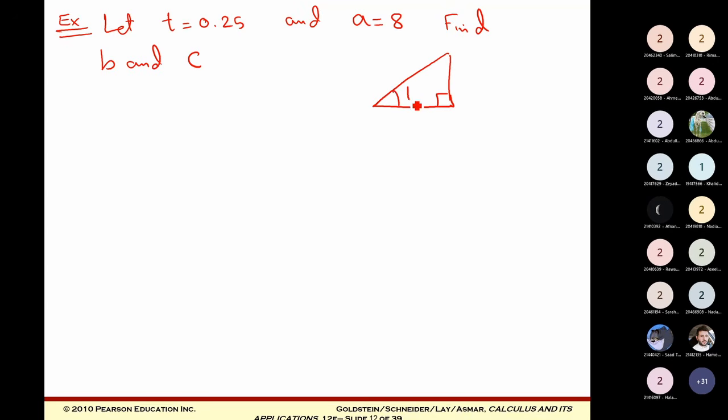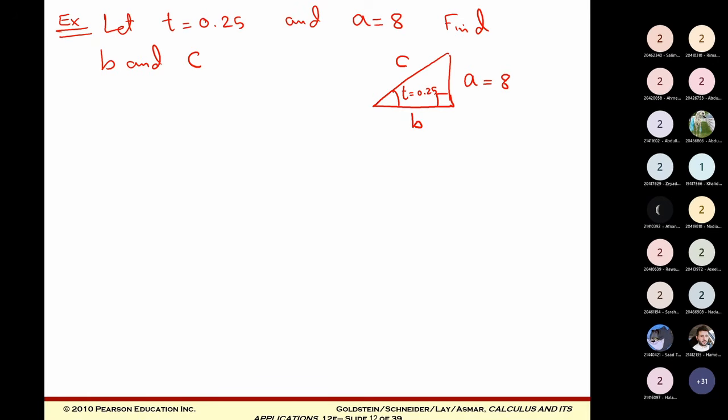This is T and this is A equal 8 and this is C and this side is B. T equals 0.25, the angle T.